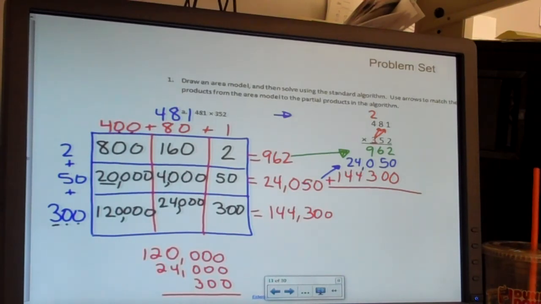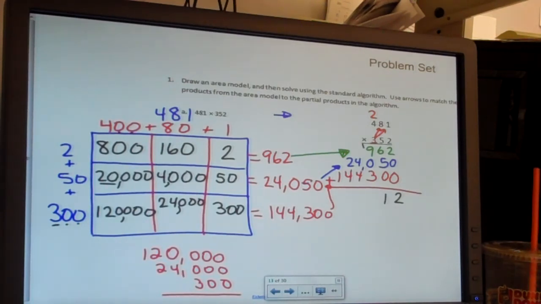Okay, and notice it's the same thing we got here. Add these up on your own and let's see what you get. 2 plus 0 is 2. 6 plus 5, Quinn? 11.